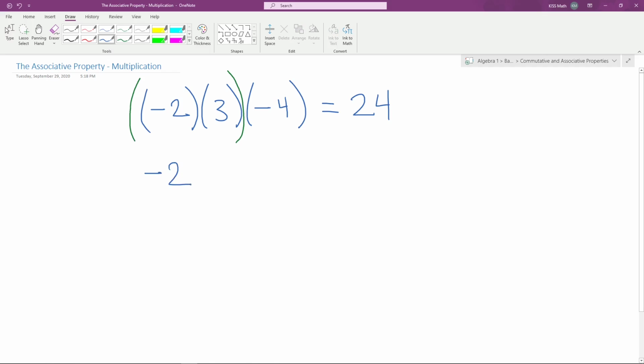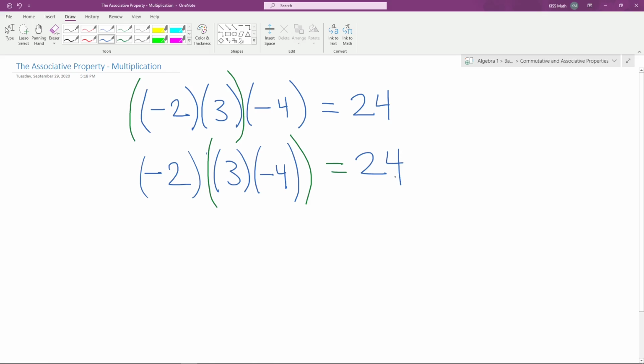And if we have -2 times, let's say 3 times -4, but we put a parentheses around here, this tells us we would have to do this operation first. So 3 times -4, that's a -12, times a -2, and we still get our positive 24. So it doesn't matter where the parentheses are for multiplication, you'll always get the same answer, and that's the associative property.